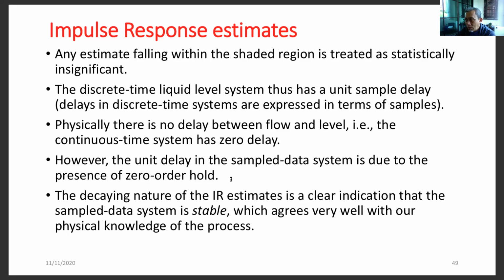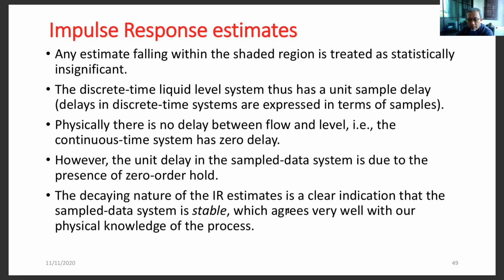So meaning that when you apply to the discrete time system, you have to sample the system every 60 seconds, one sample, 1, 2, 3, 4, 5, until 1,500 samples. So when you use a sampled data system, there is a slight delay because you are using discrete time data capture.